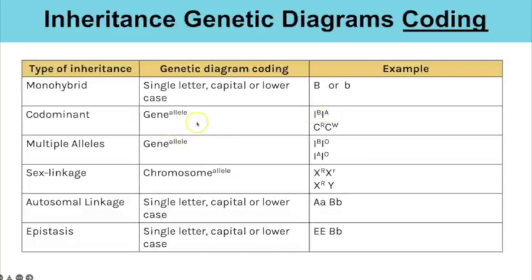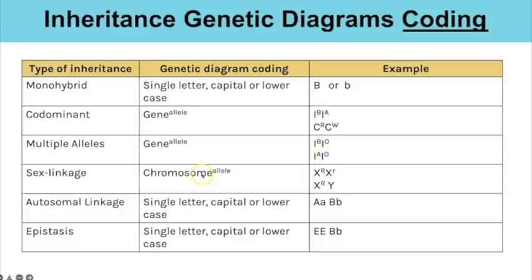Multiple alleles, again, you can't use the upper and lower case because you have more than 2 alleles, and you might have this linked with the idea of codominance as well, as we see in the example of blood groups. The allele that codes for blood group B is dominant, the allele that codes for blood group A is dominant, but there are multiple alleles because there is a third one for blood group O, but that is recessive.